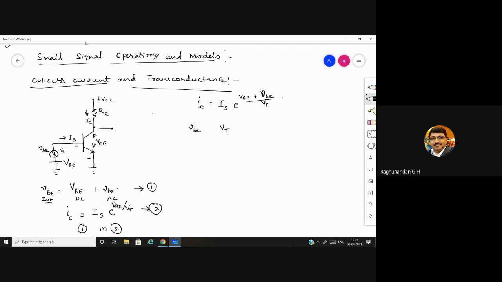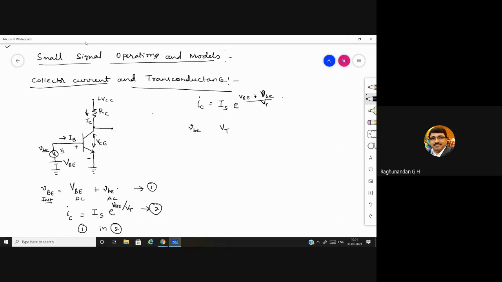Will this thermal voltage be greater or smaller than the base to emitter voltage? Smaller, sir. Yes, it will be smaller only.